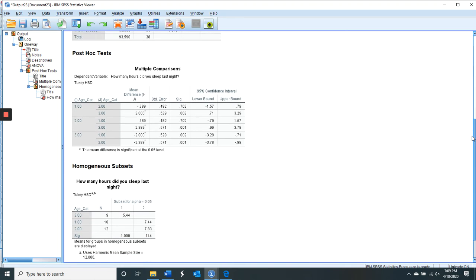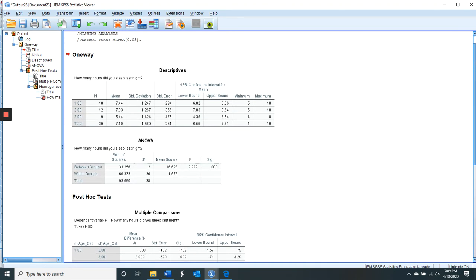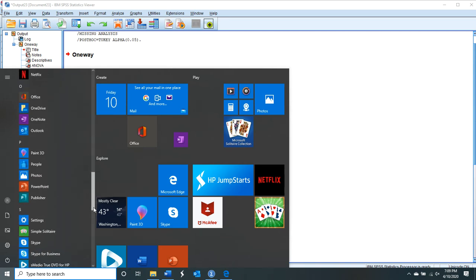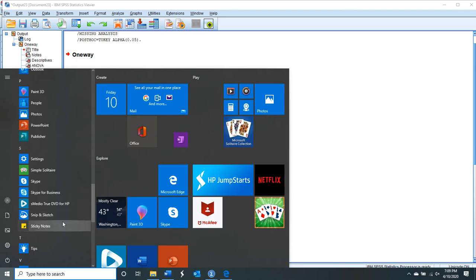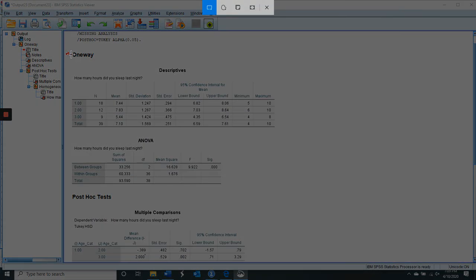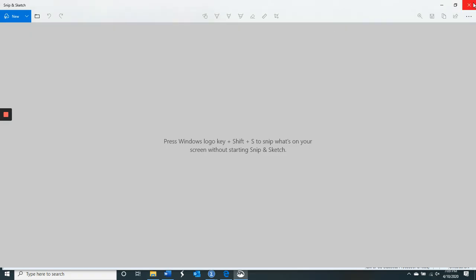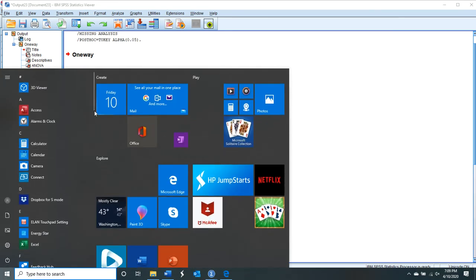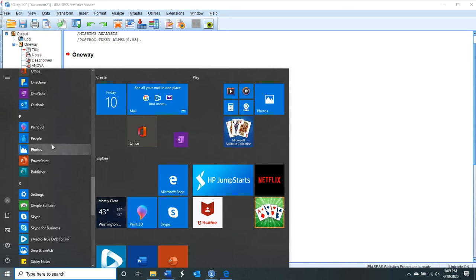So the output looks just like the output I showed you. Just remember that I'm going to snip this real quickly. Actually, I thought I had that done. I have to remember it's there. So like, if you double click it, it really messes you up. I'm going to pin this. I thought I pinned this before.